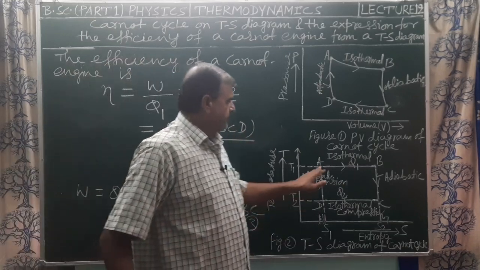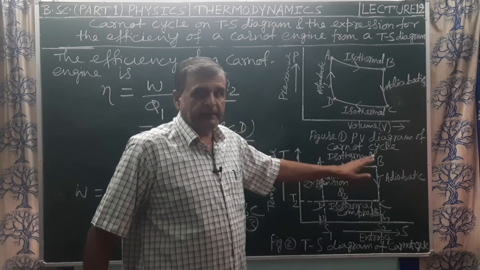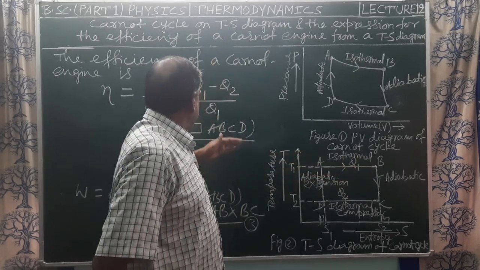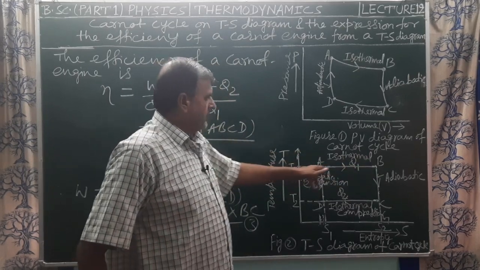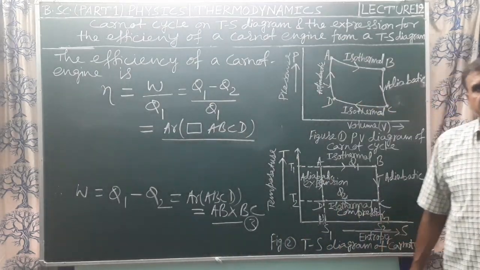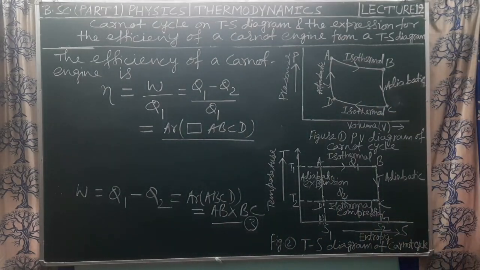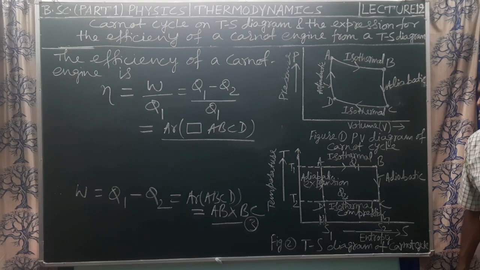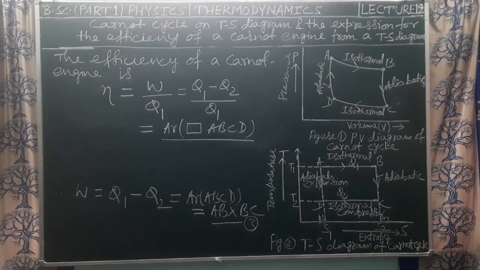Q1 is the heat taken by the system, the working substance, from the heat source. So in place of Q1 minus Q2, we have taken the area of rectangle ABCD.